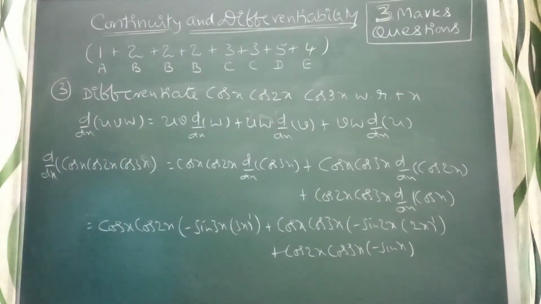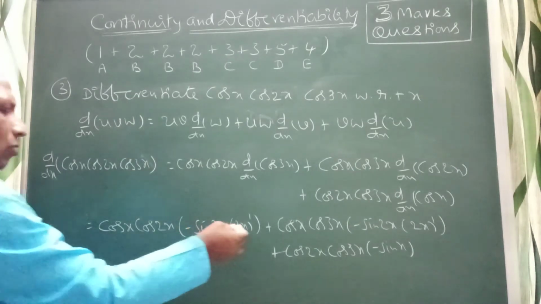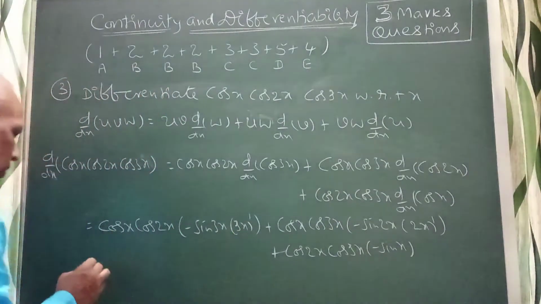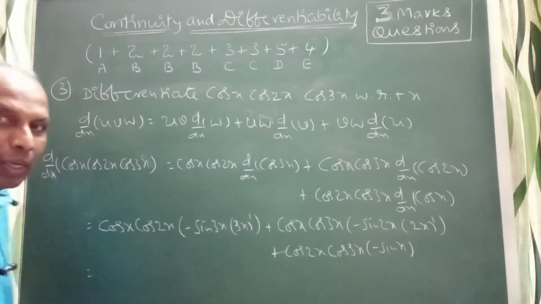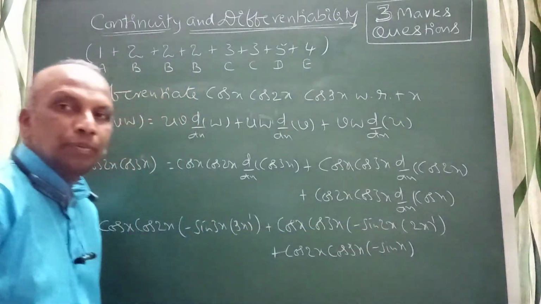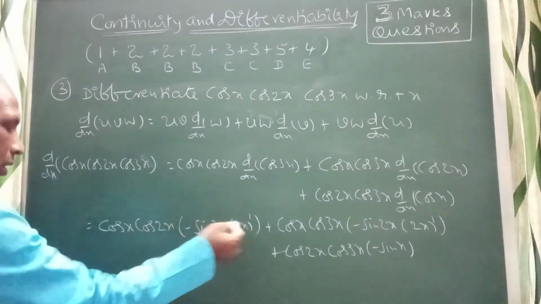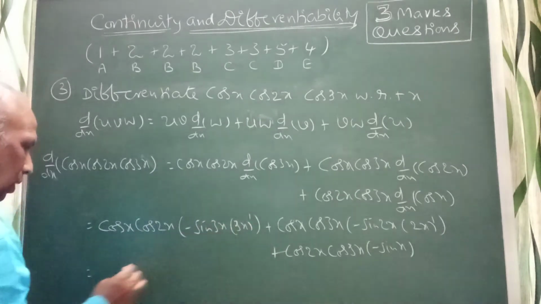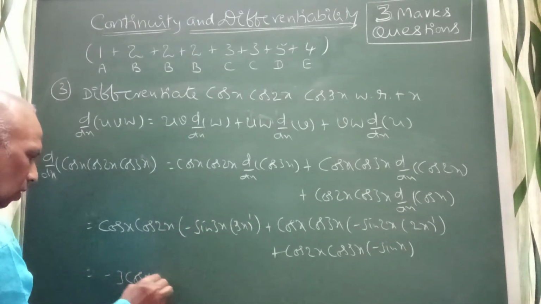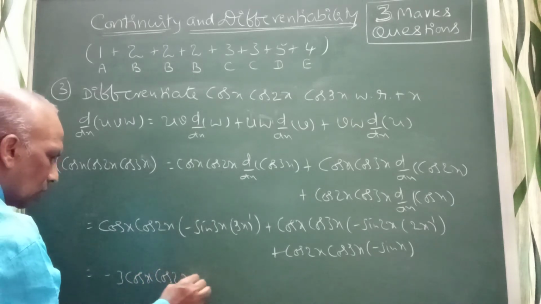Now here we can see, derivative of 3x is 3, derivative of 2x is 2. If you want I can write one more step. Derivative of 3x is 3, derivative of 2x is 2. So this means minus 3 cos x cos 2x sin 3x.